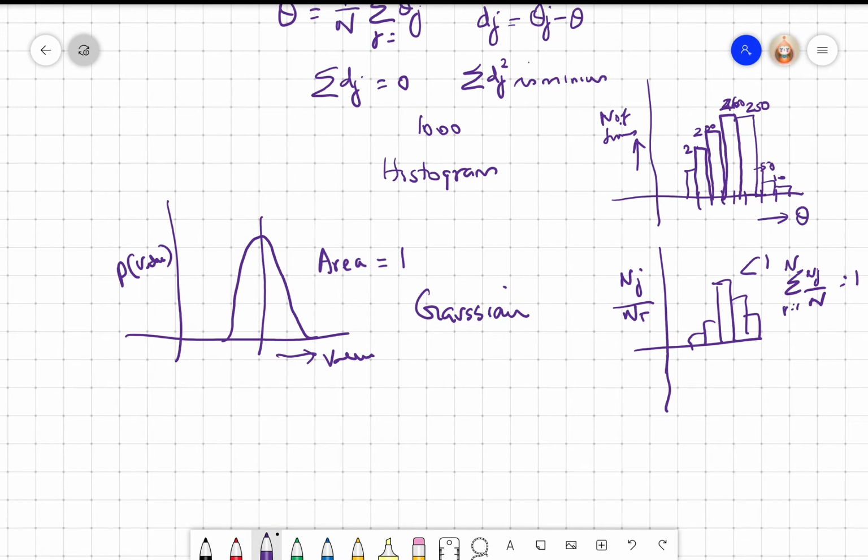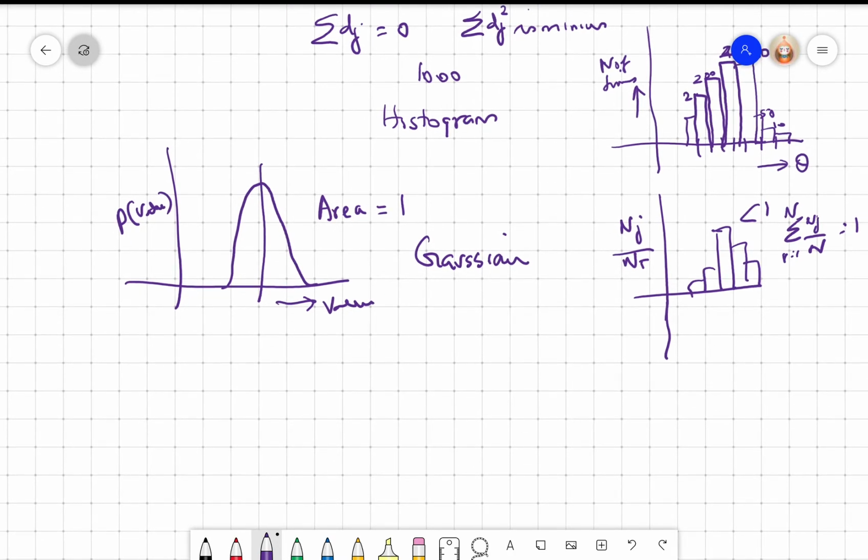Where y is equal to 1 by sigma into root 2 pi into e power minus half into x minus x bar by sigma whole square, where sigma stands for the standard deviation, and x bar is the average value of the measurements that we have taken, right?